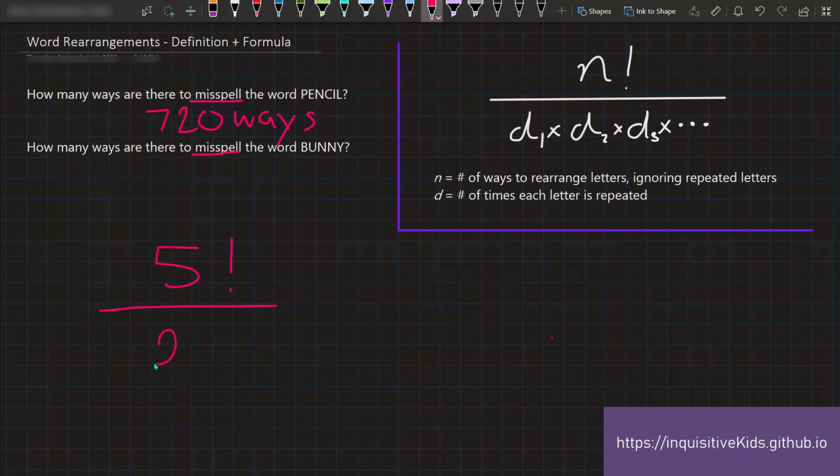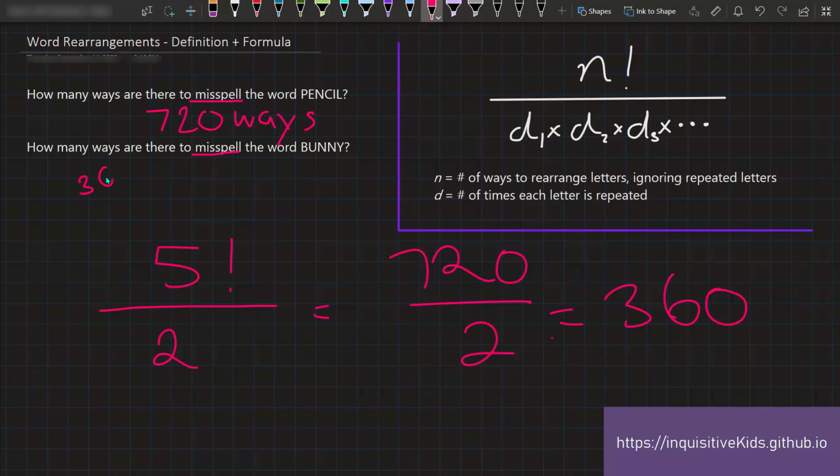So our d in this case would be 2. We only have 1 d because there is only 1 letter that has been repeated. If the B was repeated, for example, then we would have 2 times 2, or it depends on how many times the letter B would have been repeated. In this case, we have 5 factorial over 2, which is 720 over 2, which simplifies down to 360. So for the second problem, our answer would be 360 ways.